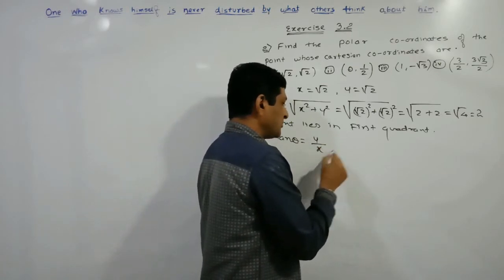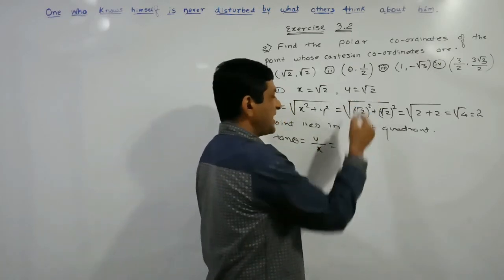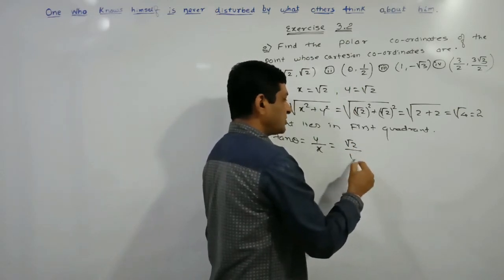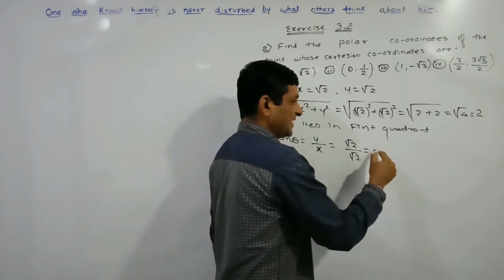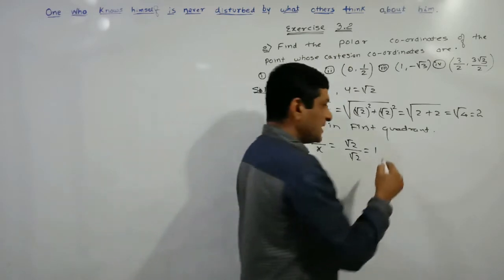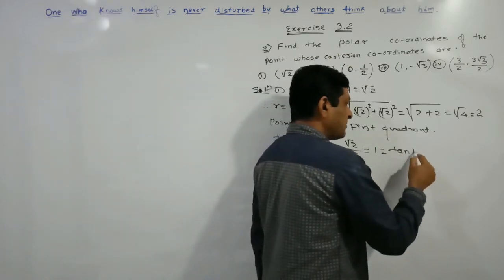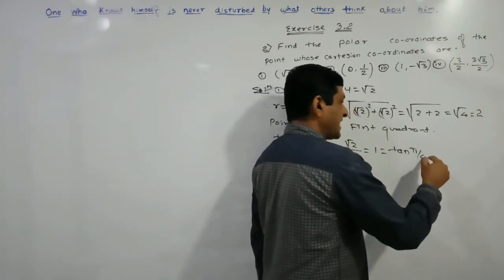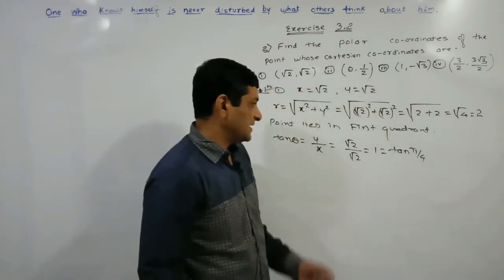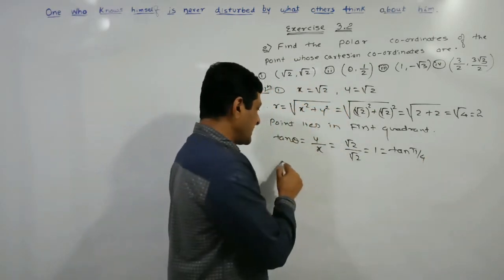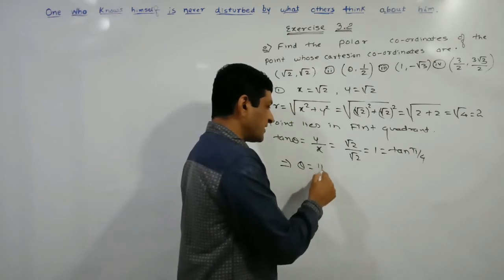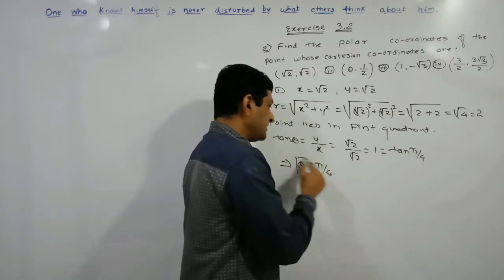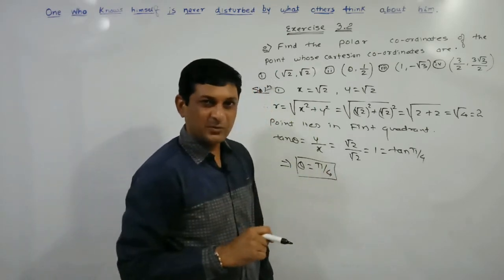Tan theta is equal to y by x. So replace y by its value root 2, x by its value root 2. Root 2 will get cancelled. What will get? 1, and 1 is nothing but value of what? Tan pi by 4, means tan 45. Isn't it? So comparing both sides, what we can say that theta is equals to 45, means pi by 4. In this way we have got second required value theta.